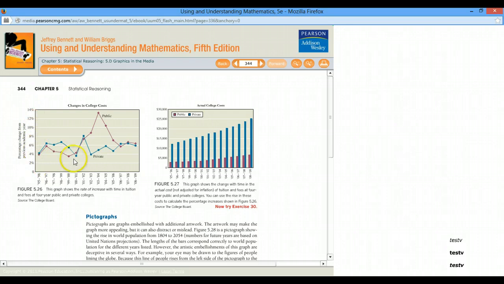So the percentages are changing, and it looks like the public has this massive jump versus the private, which ends up going down, right? Well, that's the percent change. Notice over here, the public, yeah, it goes up a little, and so the percent change does change, but here, the actual cost is much higher for the private.